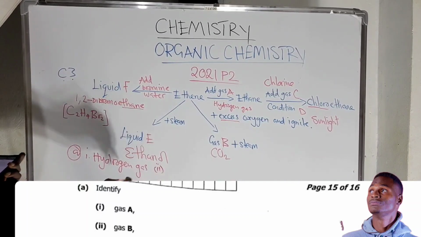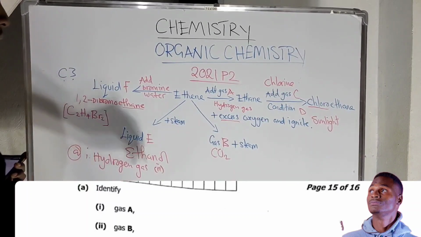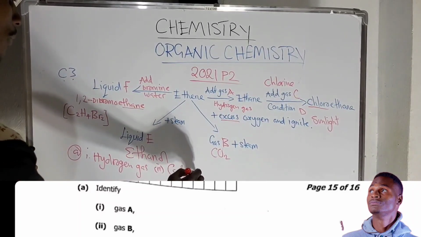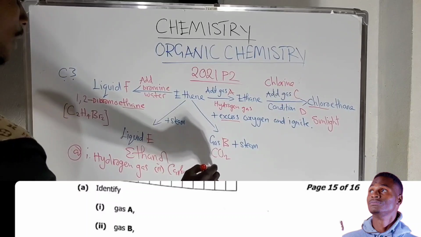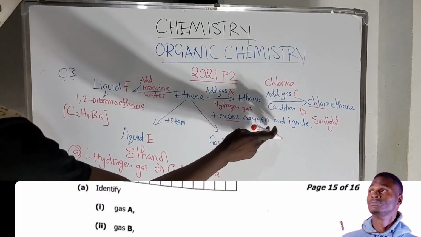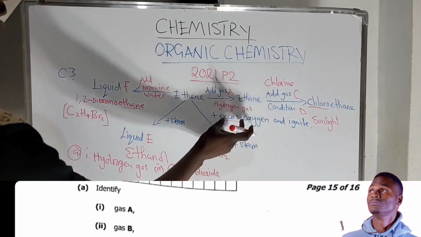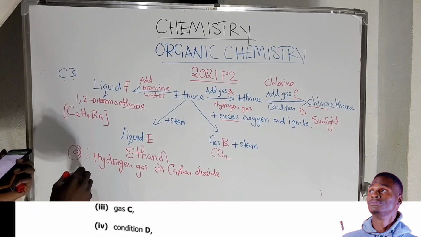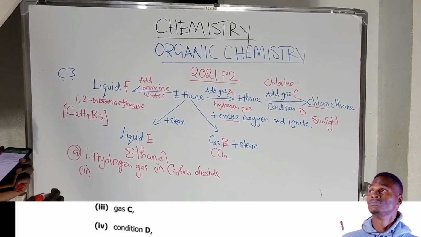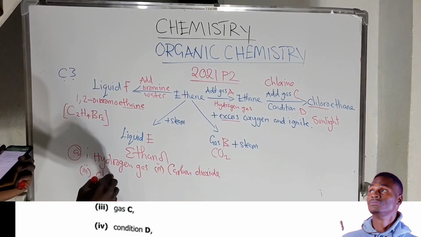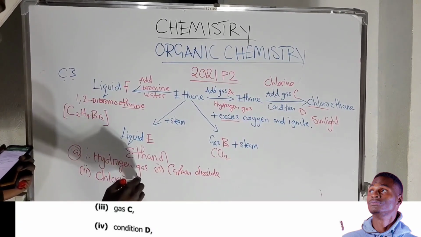Number 2, gas B, carbon dioxide. This would have been carbon monoxide if it was just a limited supply of oxygen. Now oxygen is in excess, so it is carbon dioxide. Number 3, gas C. Gas C is chlorine gas.